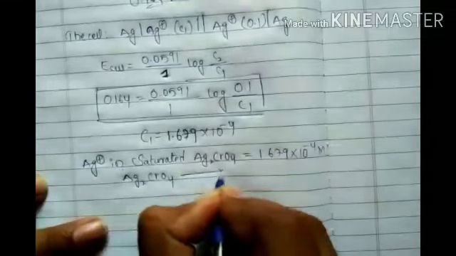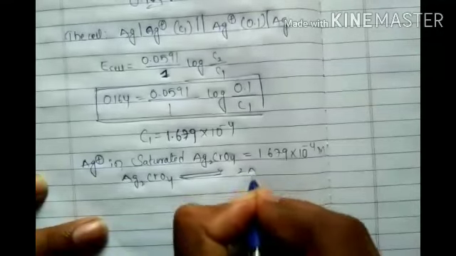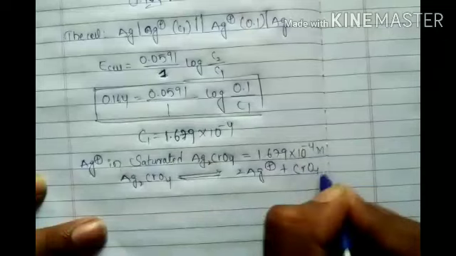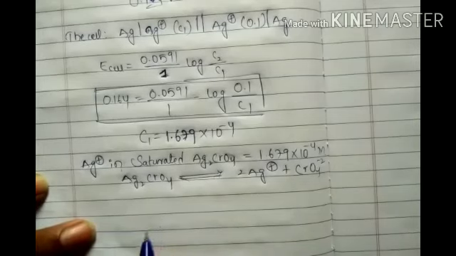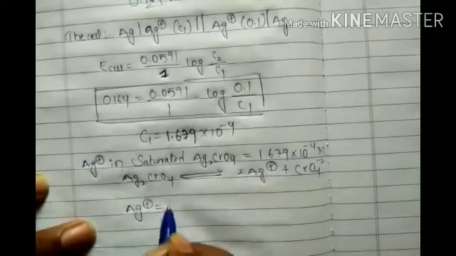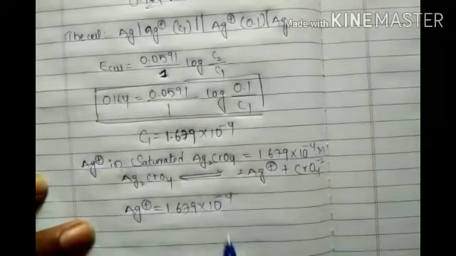The equilibrium reaction: Ag2CrO4 gives 2Ag plus and CrO4 2 minus. So the Ag plus value is 1.679 into 10 to the power of minus 4 m.